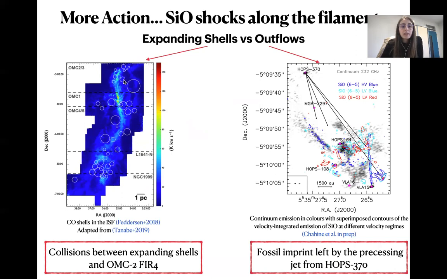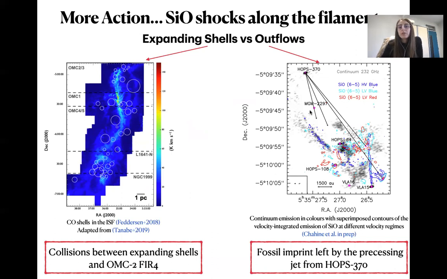Several expanding shells were observed in CO around FIR4. We can see at least three here that were observed by Feddersen et al. And we think that one hypothesis about seeing this SiO along the filament could be due to the collision between these expanding shells and the OMC2 FIR4.